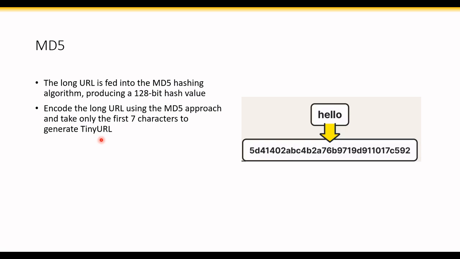The long URL is fed into the algorithm, which produces a 128-bit hash value, and then we truncate it so that we can obtain a short URL. In these 128 bits, we'll be interested in the first 7 characters of this truncated value.